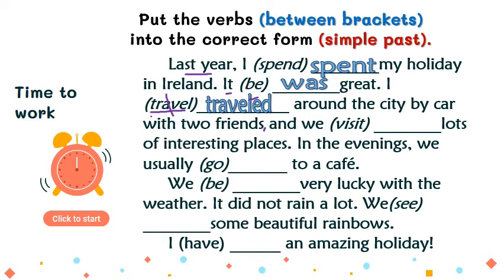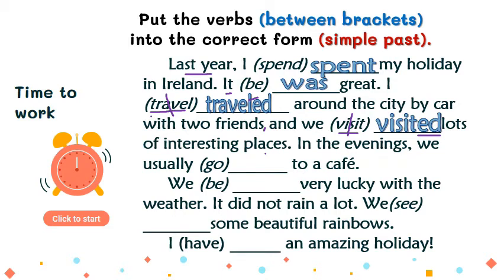Travel. Okay, and it's not stressed. Travel. So I only add ed. And we visit lots of interesting places. So also visit, 2 syllables. But it's not stressed. Visit. So I only add ed.